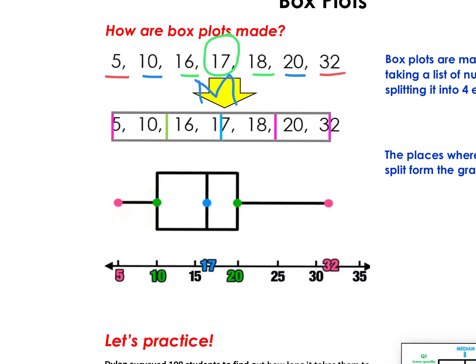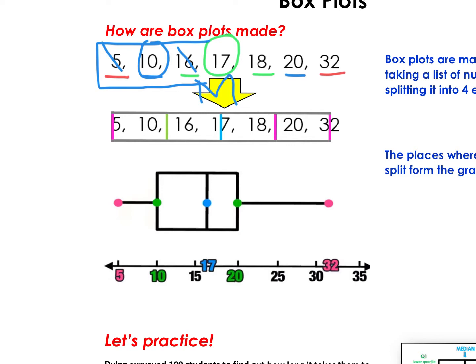Now, I'm going to find the halfway point of just the lower half. So I'm going to look at the lower half here, and I'm going to find the median of just those 3 numbers. And I see that when I cross out, I go 1, 1, and 10 is the middle number between the lower half of numbers.